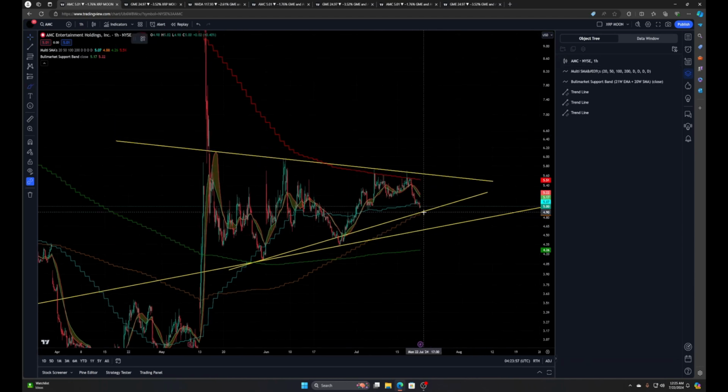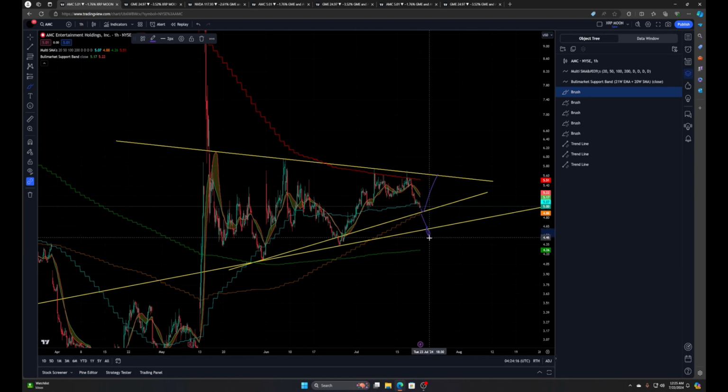So you could have slipped down to this 488 area. If we don't bounce there and you fall below, then I'd say 460. And honestly, they may try to trick you. If we do go down to 460, they might slide down to like 446 or something like that.